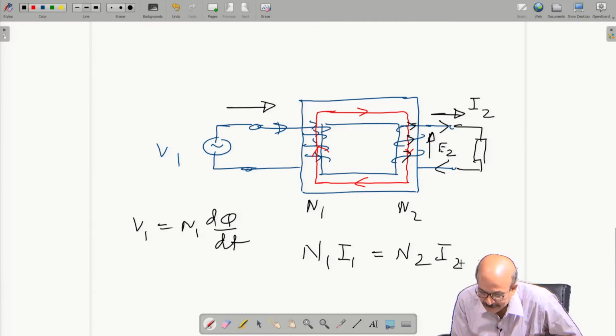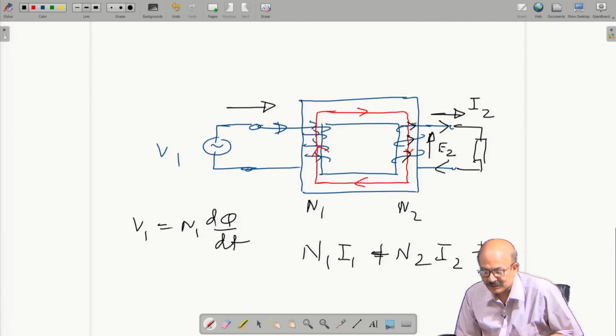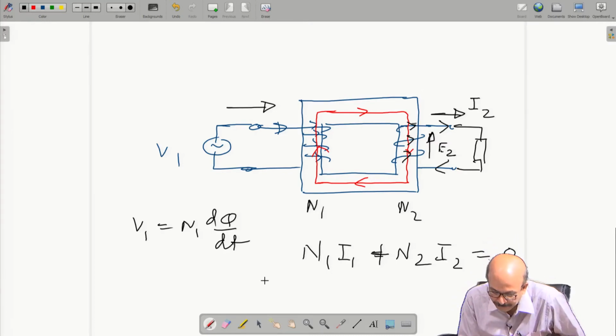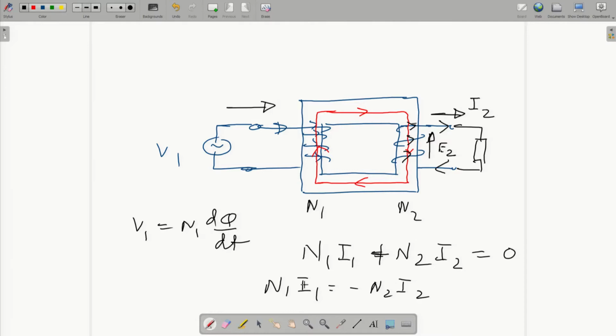In fact, N1 I1 plus N2 I2 should be 0 in the magnetic circuit. So N1 I1 is minus N2 I2. From here you can calculate I1 is minus N2 by N1 into I2, in the opposite direction. This is the principle of operation of a transformer.